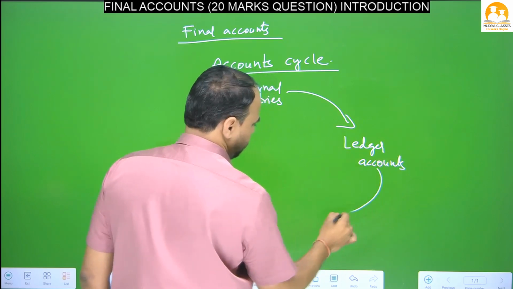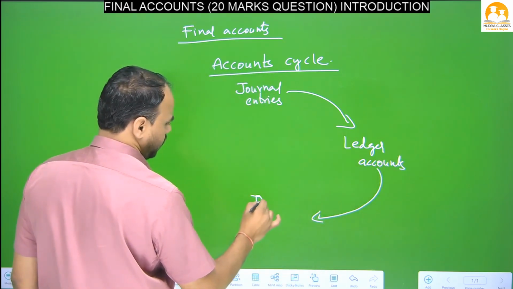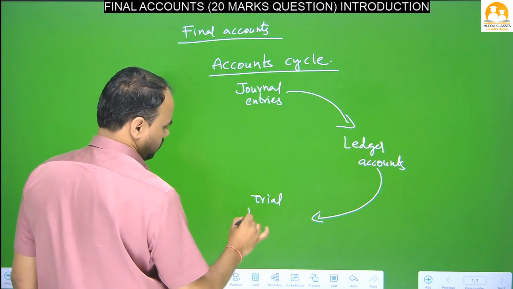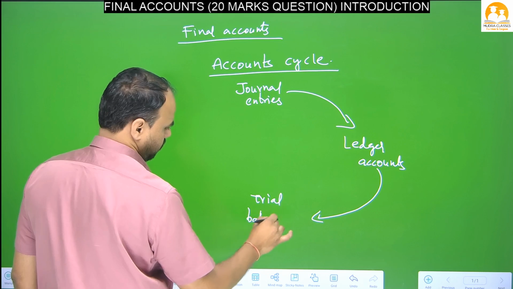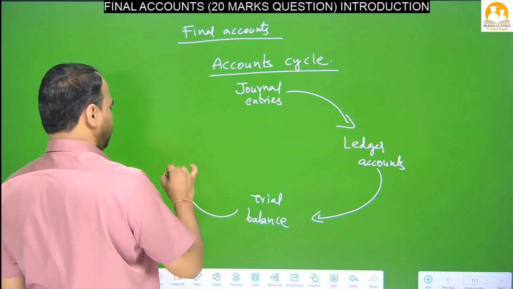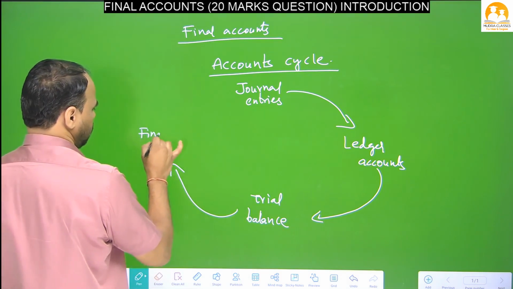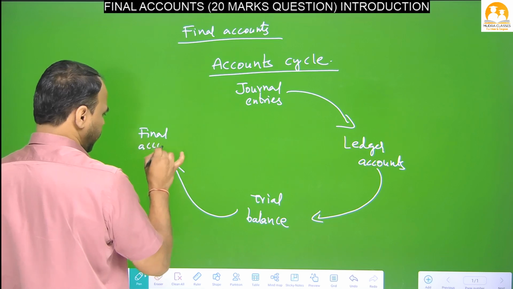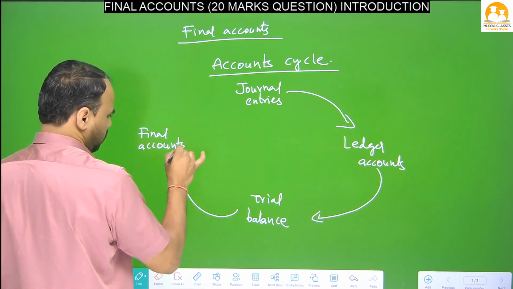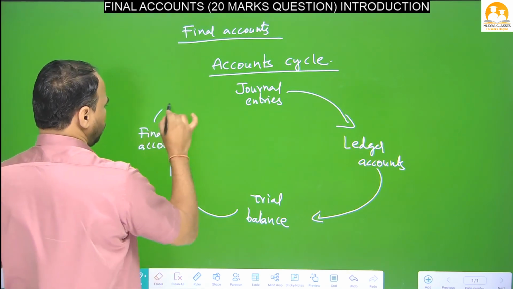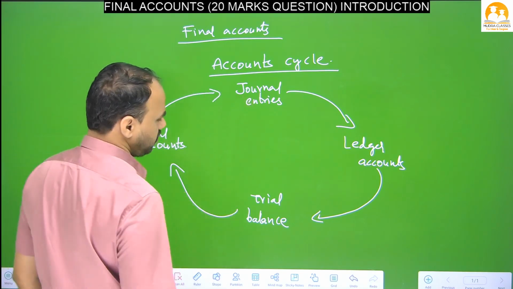After preparing ledger accounts, we will prepare the trial balance. After the trial balance, we will prepare final accounts, also called financial statements. After completing final accounts, once again we will prepare the journal entries.